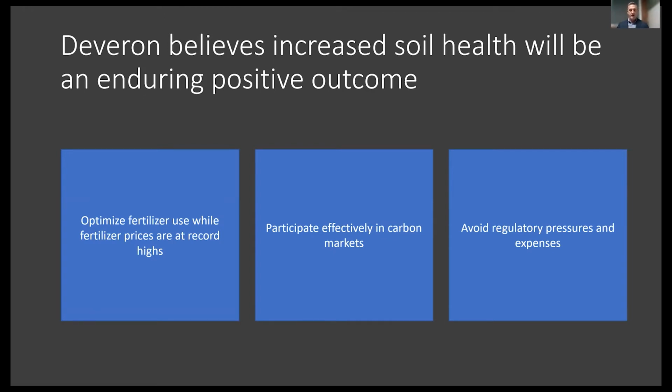And then overall, our goal would be to avoid regulatory pressures. If we as an industry can continue to show and demonstrate that we're doing the best we can to optimize the amount of greenhouse gas emissions that we're having, we can continuously work to minimize regulatory pressures because we're doing it ourselves as an industry. And so these are all positive things that are going to come out of these emerging carbon markets.